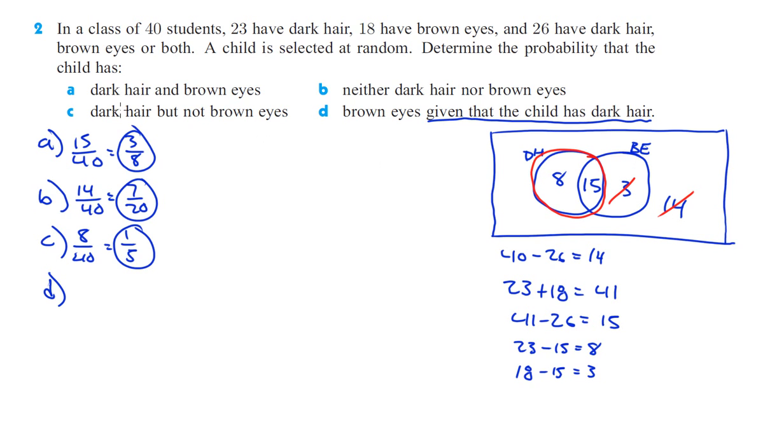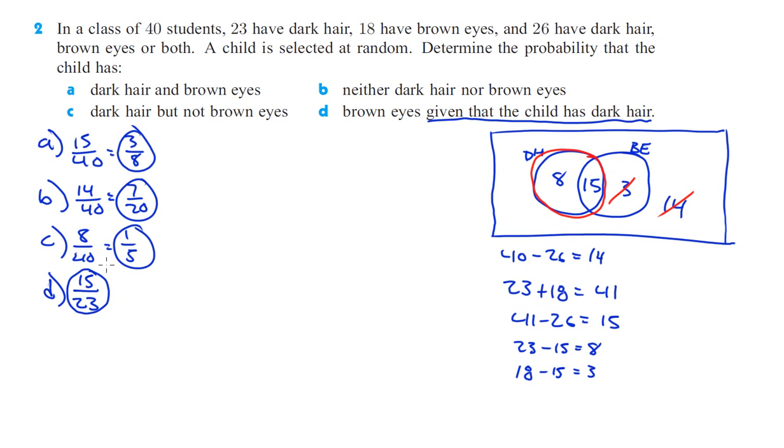So these are the only people we're even talking about in this question. Given that the child has dark hair, that's 8 plus 15, that makes our denominator 23. How many of these have brown eyes, given that they have dark hair? Those 15 people here have brown eyes. So it's 15 out of 23. And you can't reduce that, so we just leave that.